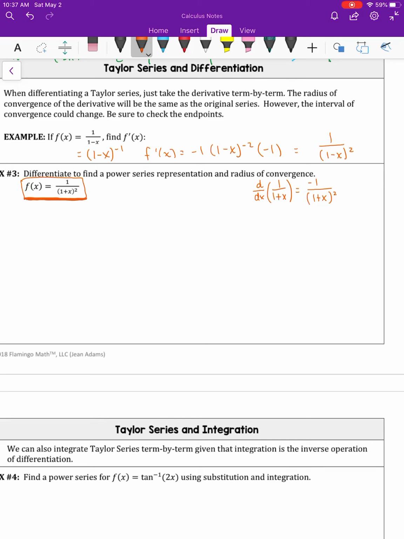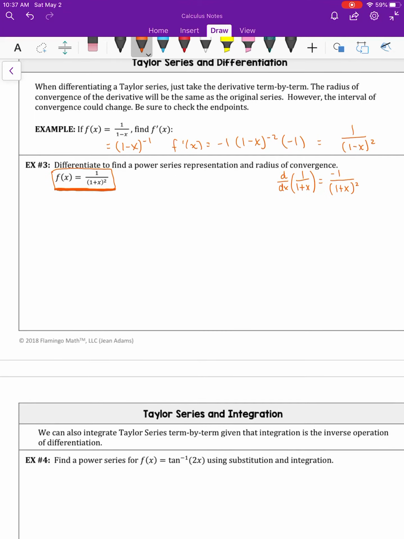So we know that this function right here, this f of x, is the derivative of 1 over 1 plus x, but then times negative 1, okay? So it's only a negative difference of the derivative.